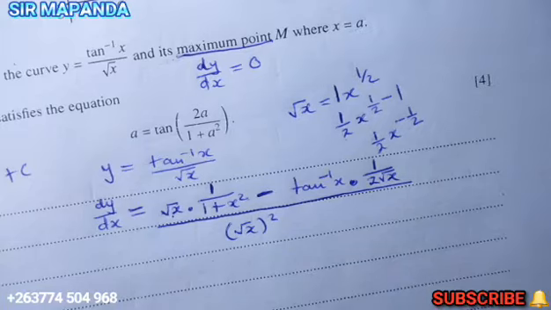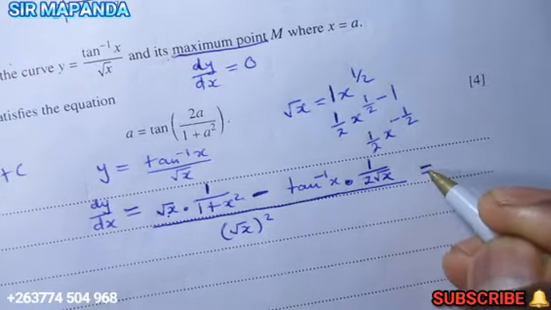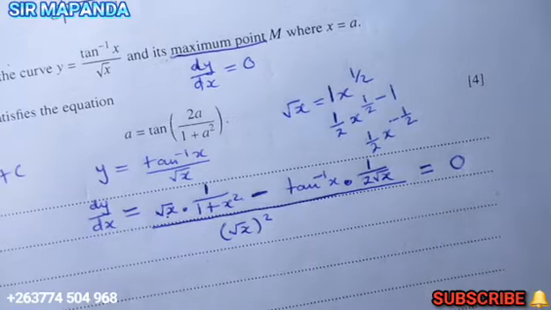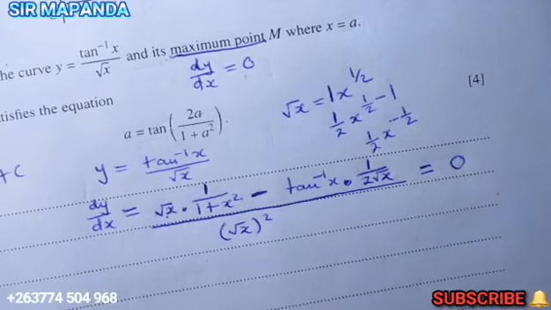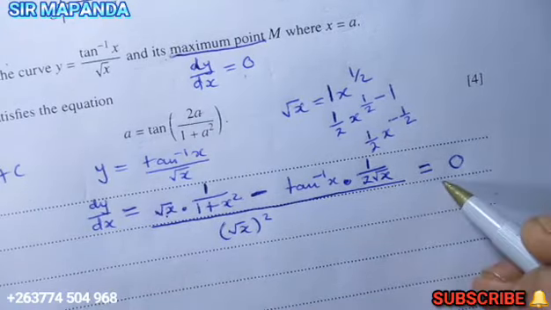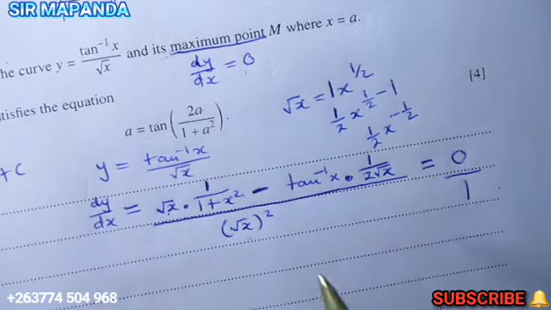Right. So this dy/dx, I am going to equate it to 0, since at a maximum point dy/dx is 0. So I want you to notice something, class. We are going to do the process of cross multiplication, or take root x squared as our LCM and multiply both sides.